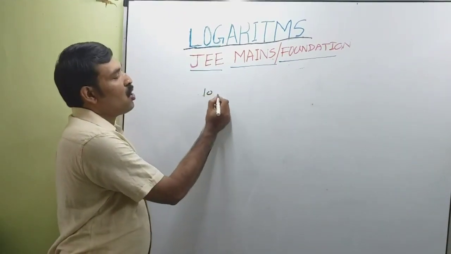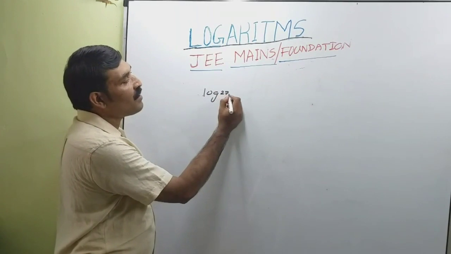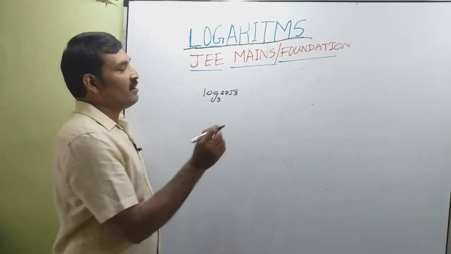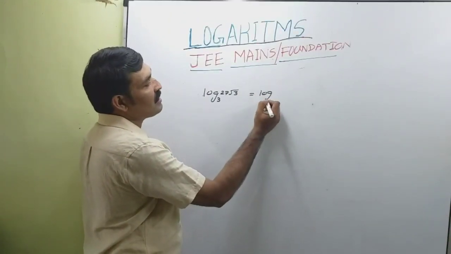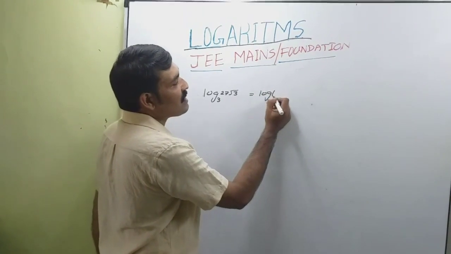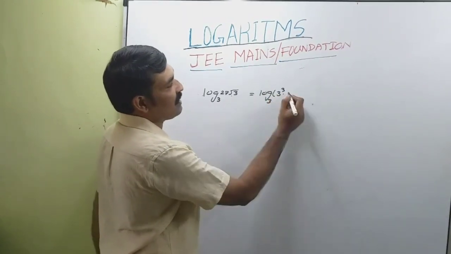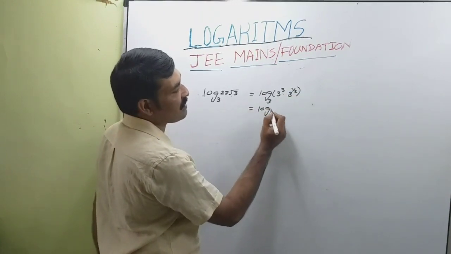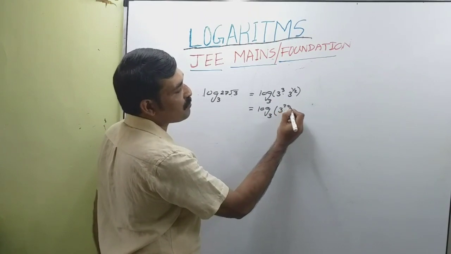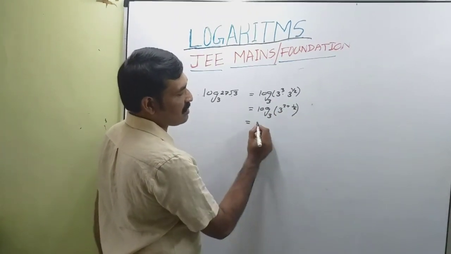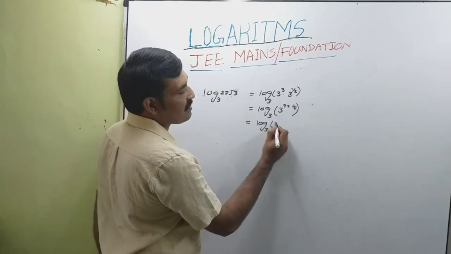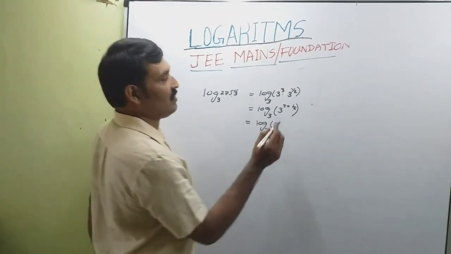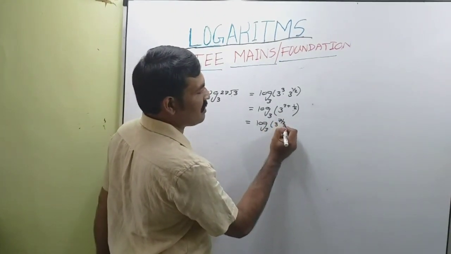Now log of 27 root 3 to the base 3. This is similar to the previous question. We can write this as log base 3 of 27 into root 3, 27 is 3 raised to 3 and root 3 is 3 raised to 1 by 2, so it is log base 3 of 3 raised to 3 plus 1 by 2. Taking the LCM, 3 plus 1 by 2 is equal to 7 by 2.